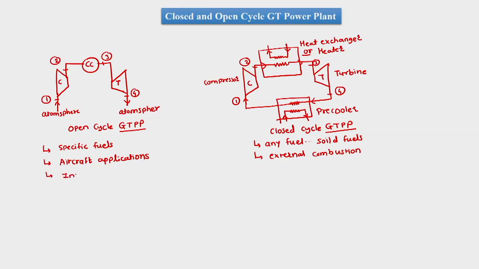So this is external combustion, while open cycle is practically an internal combustion engine. So here we can use any fuels. Further, the same working fluid is passed in the circuit, so we have a choice of working fluid.